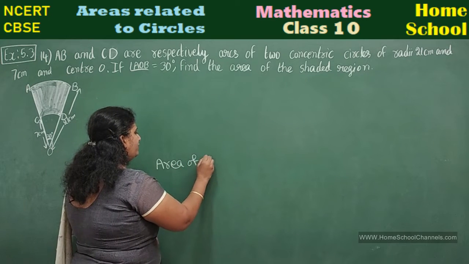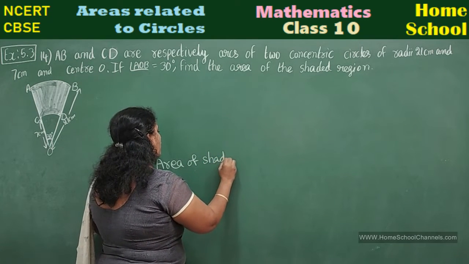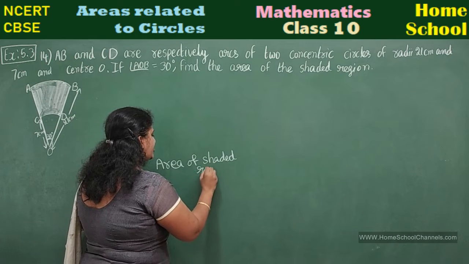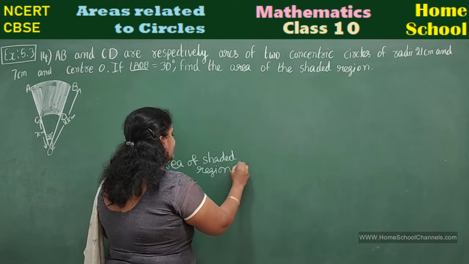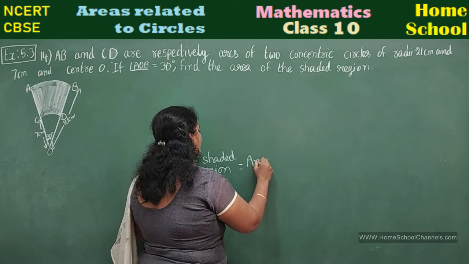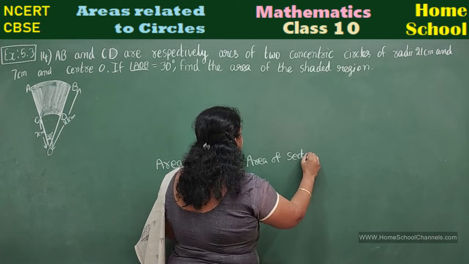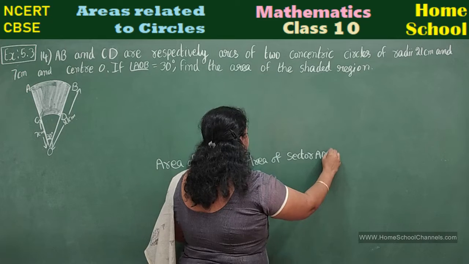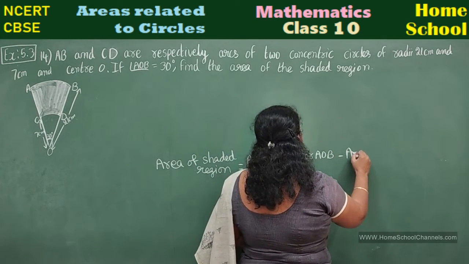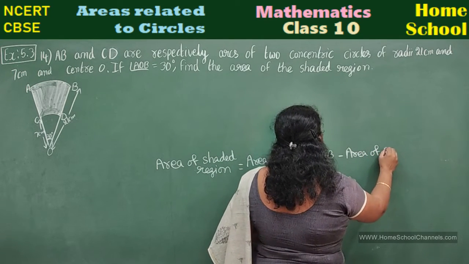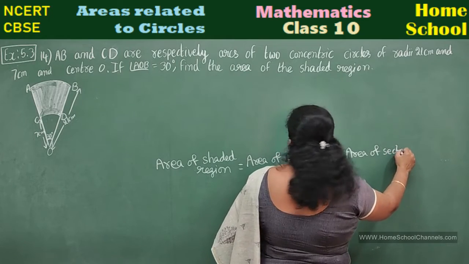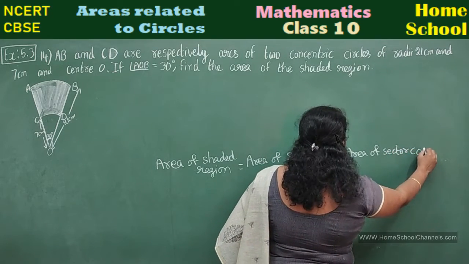Area of the shaded region is equal to area of sector AOB minus area of sector COD.